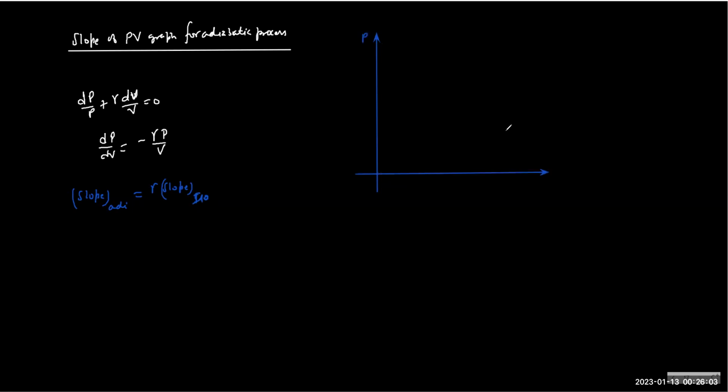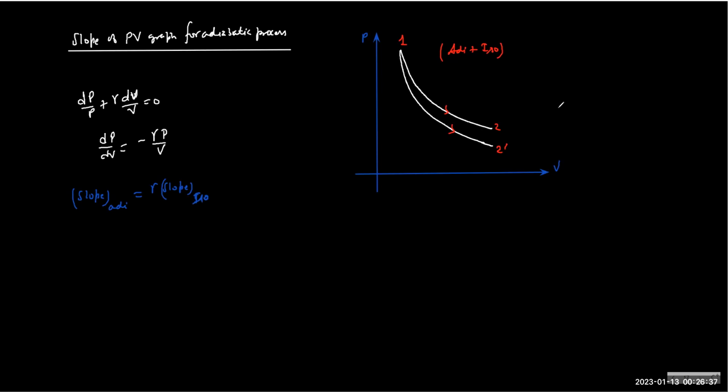So let's say I draw a PV graph and I draw two lines. One goes 1 to 2 and the other goes 1 to 2 dash. Now here we have ADIA and one of them is ISO. You are supposed to guess which path is ADIA and which path is ISO.